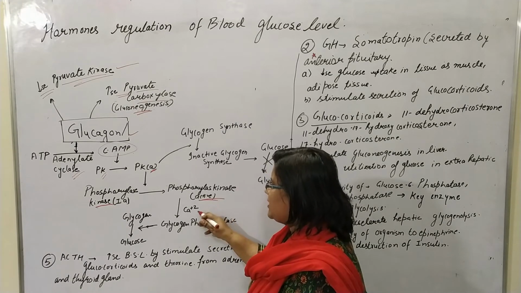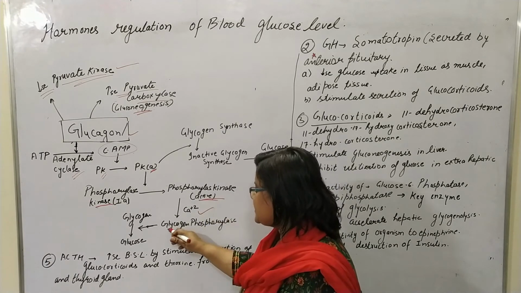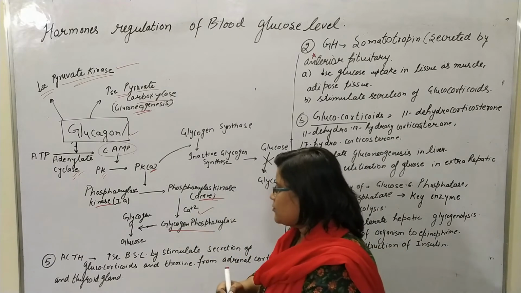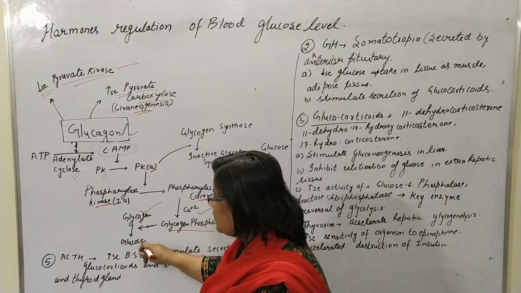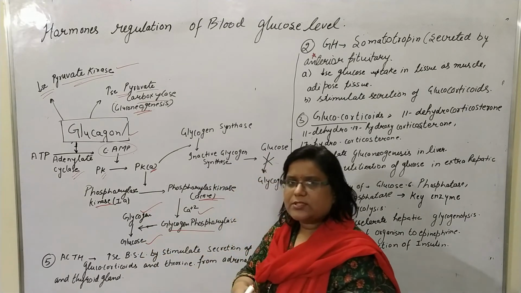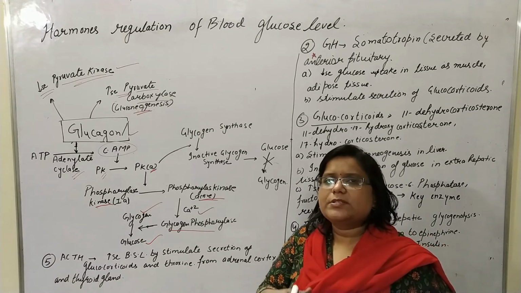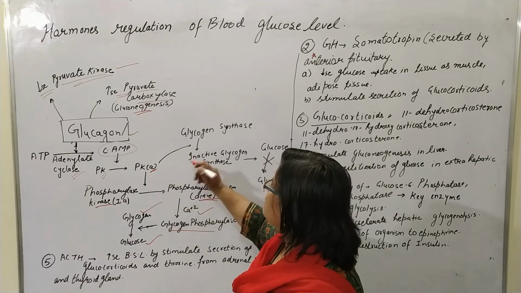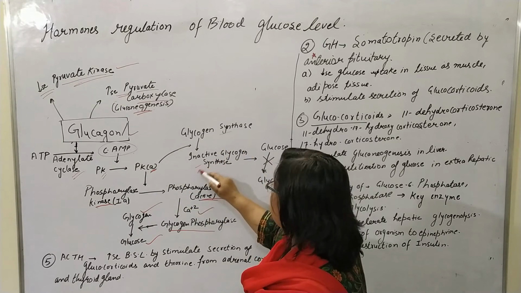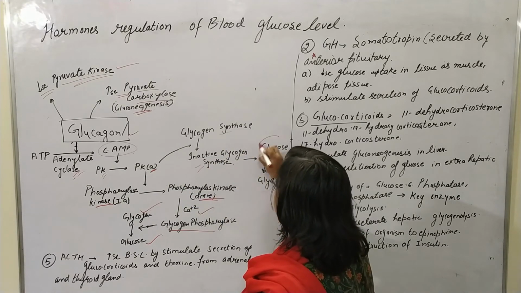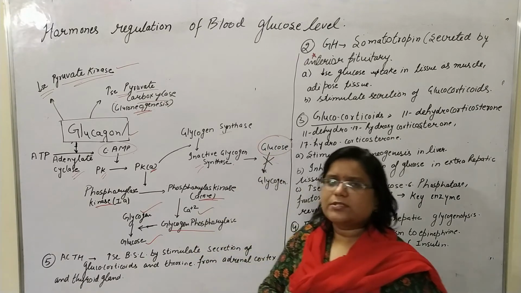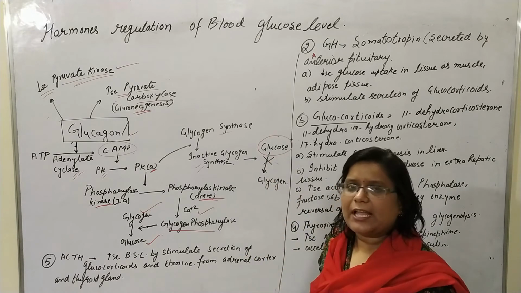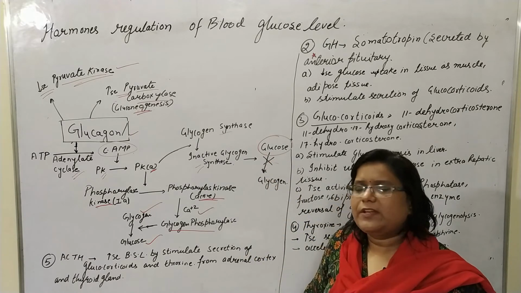This enzyme, with the help of calcium, activates the glycogen phosphorylase. This glycogen phosphorylase helps convert the glycogen into the glucose, so the glucose is increased in the blood. The active protein kinase also inactivates the glycogen synthase, and the inactive glycogen synthase can't convert the glucose into the glycogen, so automatically the glucose level will increase.